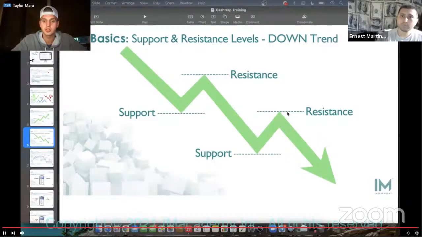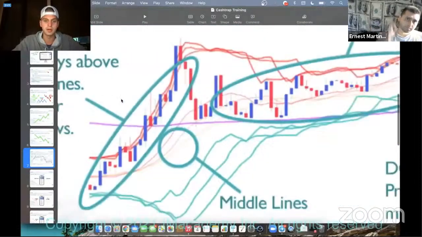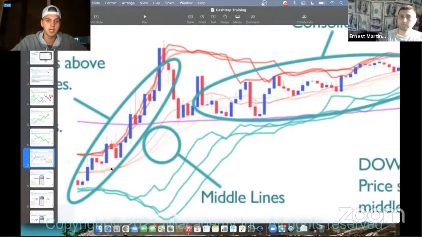And here's an actual live chart right here. Okay, let me zoom in. You guys can see right here on a live chart that we're in a major uptrend. Blue candles mean that price is moving up. Red candles mean that price is moving down.